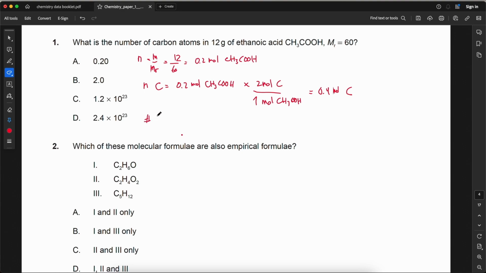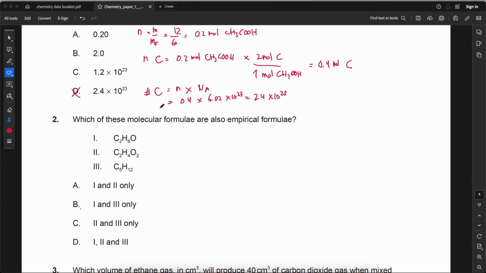Therefore, number of carbon atoms will be mole times Avogadro's number, which is 0.4 mole times 6.02 times 10 to the power 23, which is 2.4 times 10 to the power 23. The answer is D.